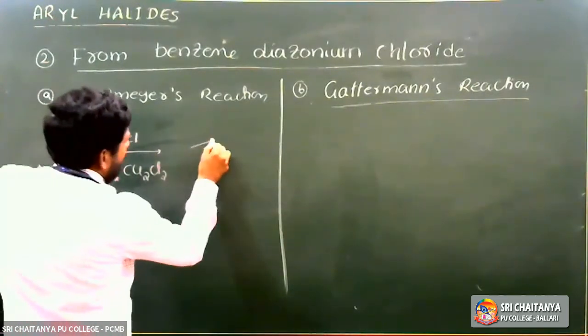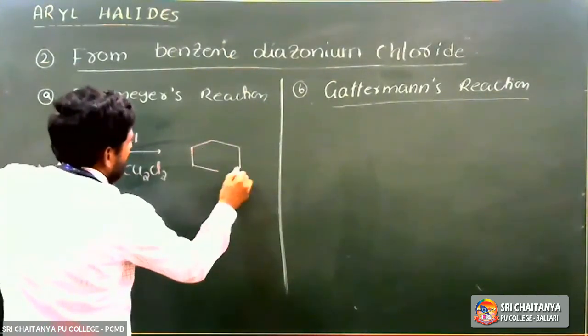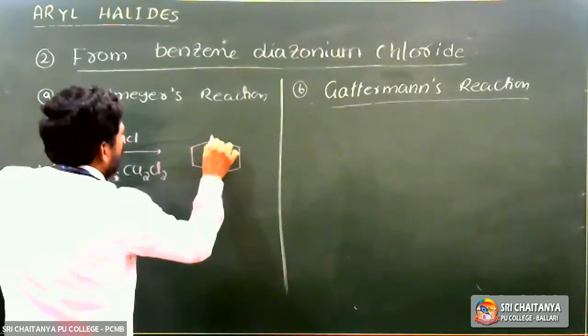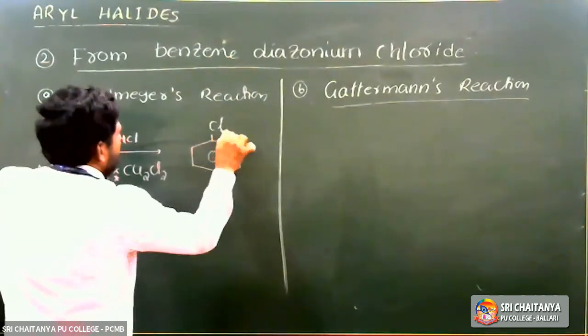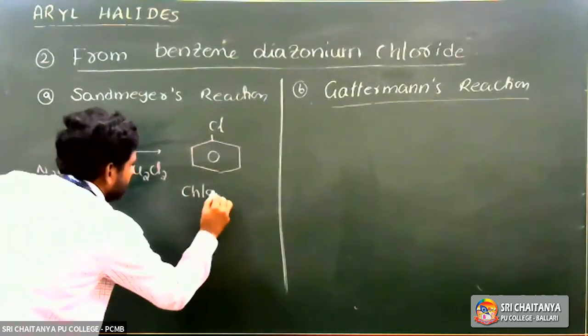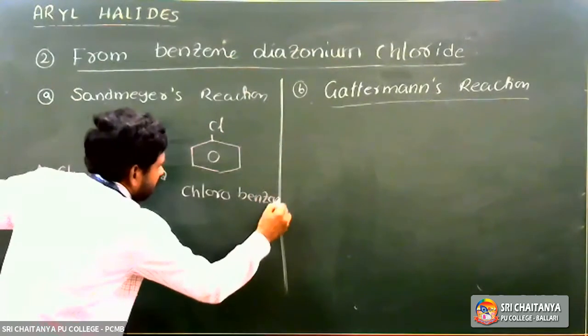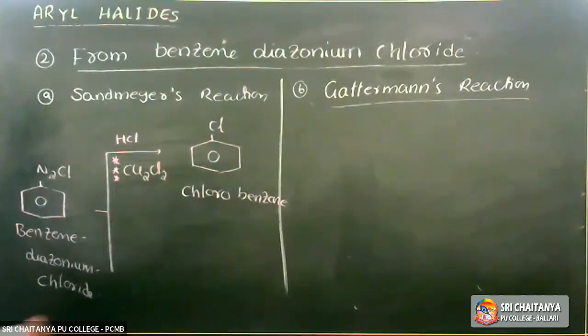Here the product formed is chlorobenzene. Means Cl is attached with benzene ring. It is called chlorobenzene.